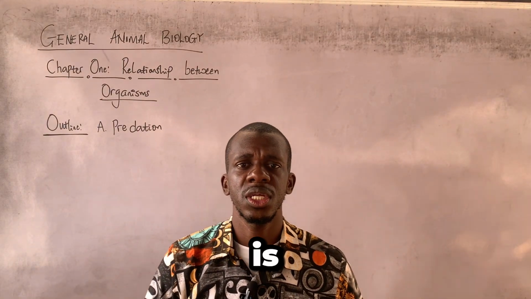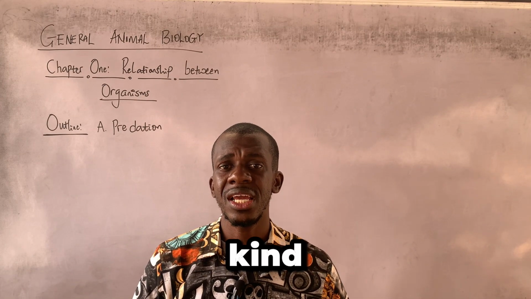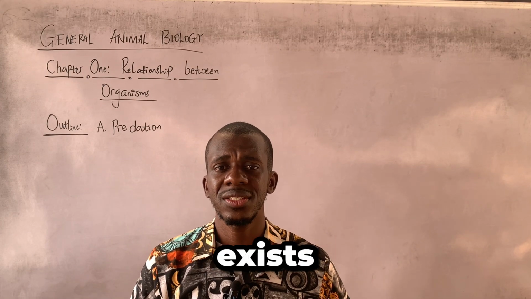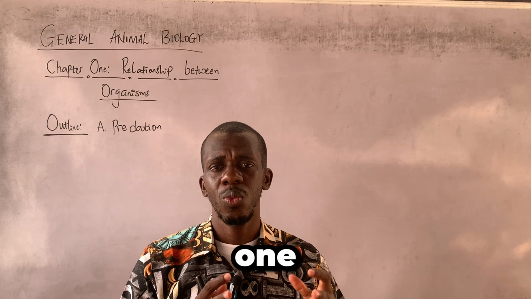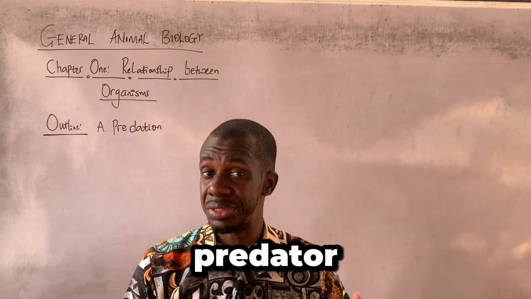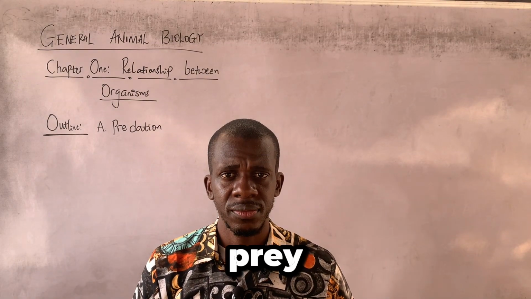Predation is a system of interaction, a kind of relationship that exists between two kinds of organisms. One is called the predator, and the other organism is called the prey.